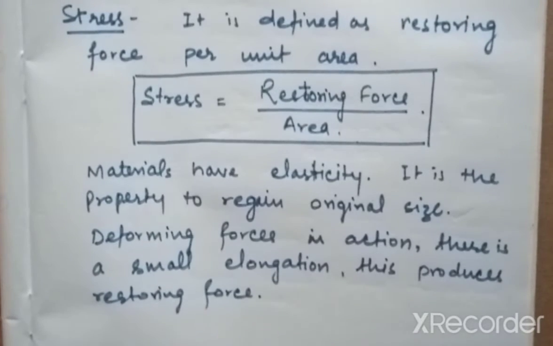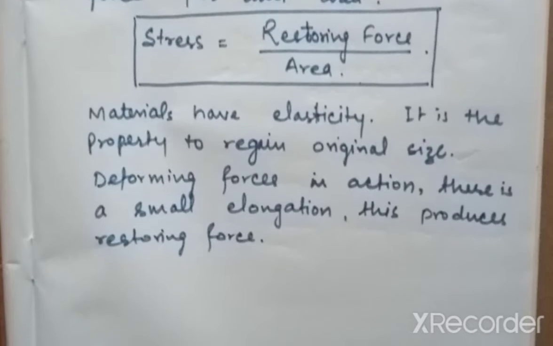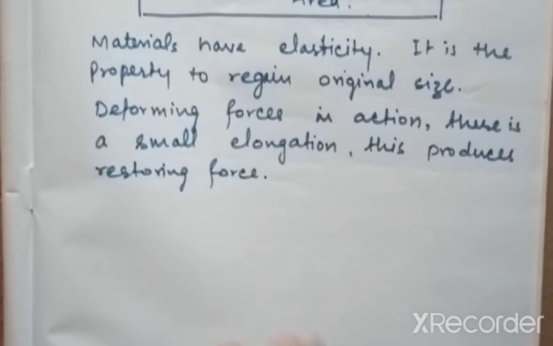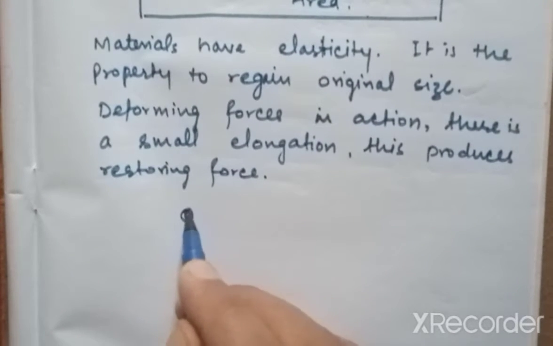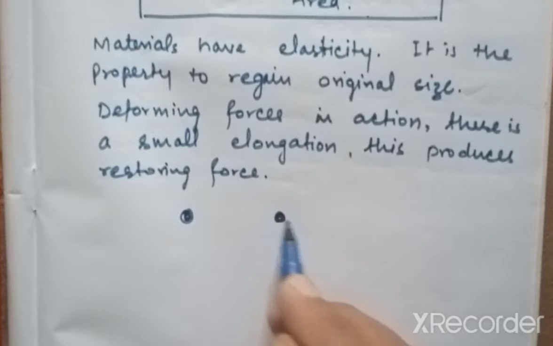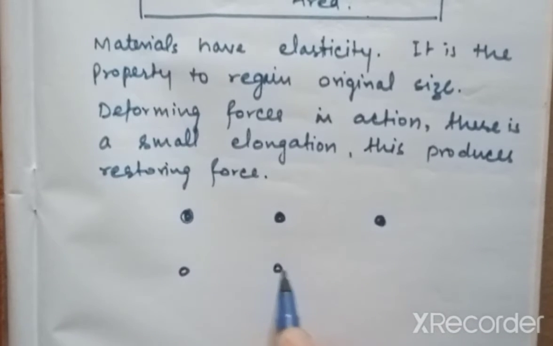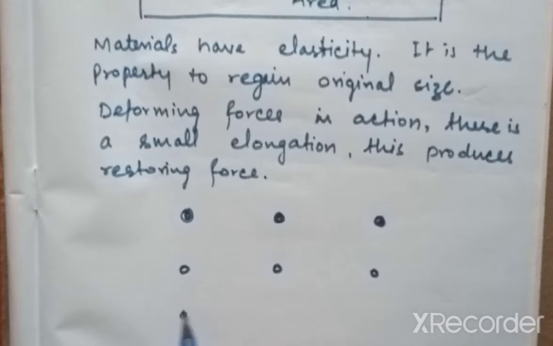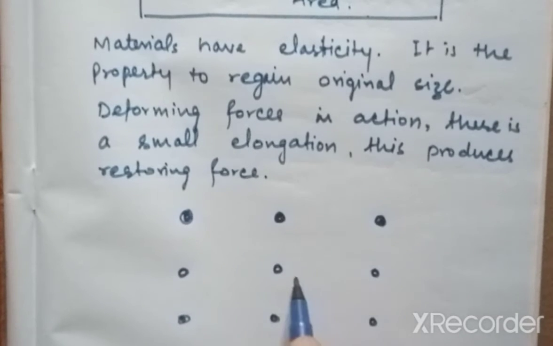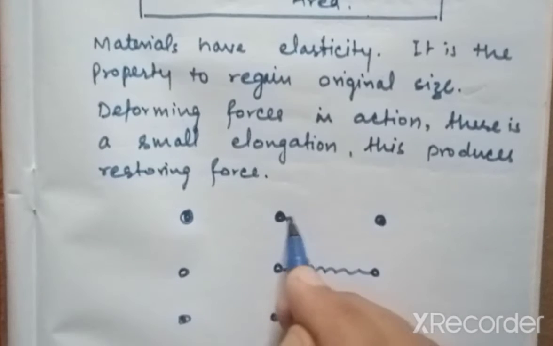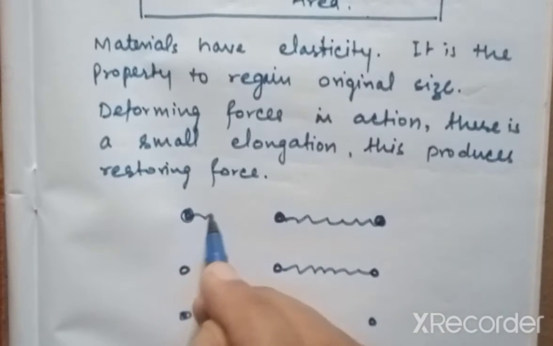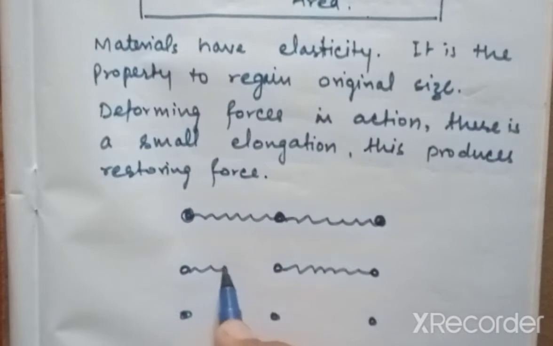A very good diagram is given in the textbook for the materials. Molecules here are arranged in the lattice. Between them are the intermolecular forces. These intermolecular forces are shown with the help of springs.